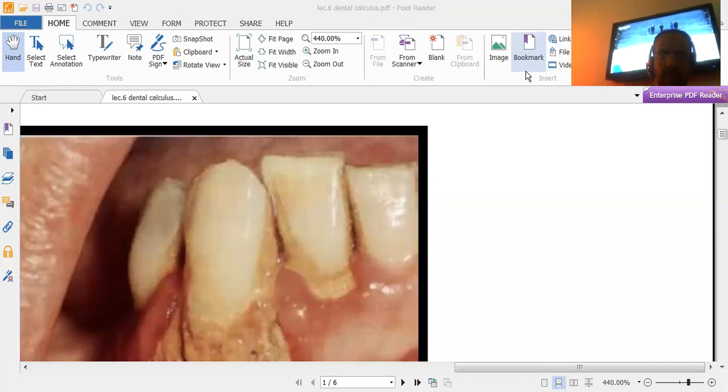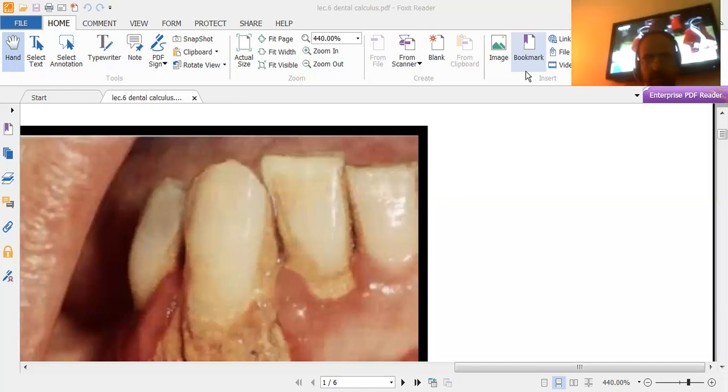Generally, two or more crystal forms occur in a calculus sample, with hydroxyapatite and octacalcium phosphate being the most common. Brushite is more common in the mandibular anterior region, and magnesium whitlockite is located in the posterior area.